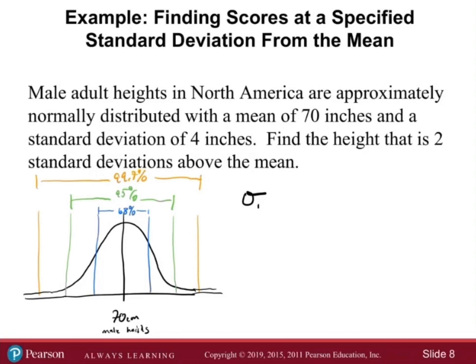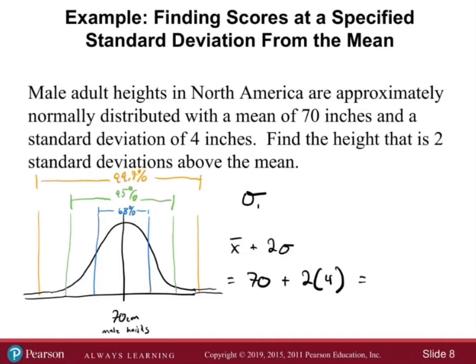Now, it says find a height that is 2 standard deviations above the mean. So if we take our average, I might be mixing this up a little bit, I'll just call it X bar for now. It might be another symbol, but we want the average plus 2 standard deviations, right? So the average is our 70 plus 2 times our standard deviation of 4 inches.